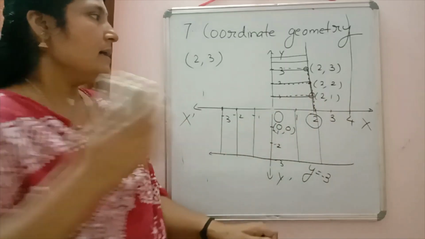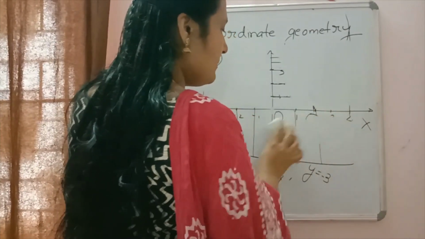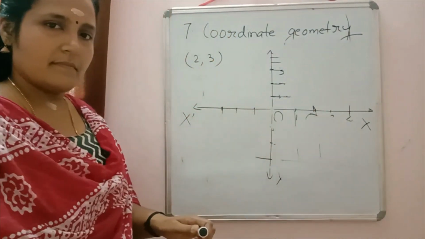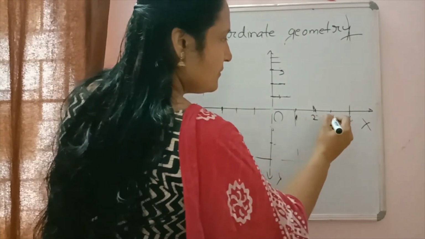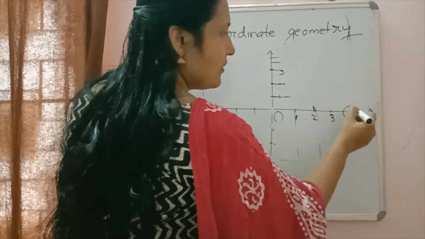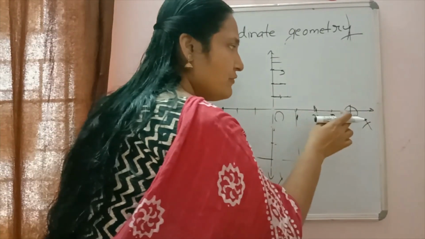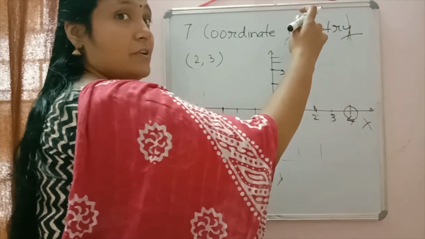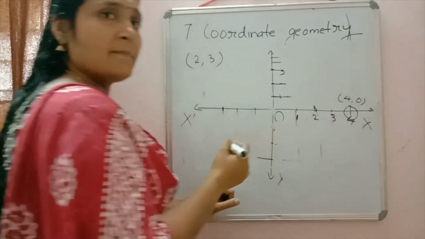Now we can check if a point is on x-axis or y-axis, what will be its form. Suppose I have to write the coordinate of this point. From the origin, we moved 4 units on x-axis, but we haven't moved on y-axis. So coordinate will be 4, 0.